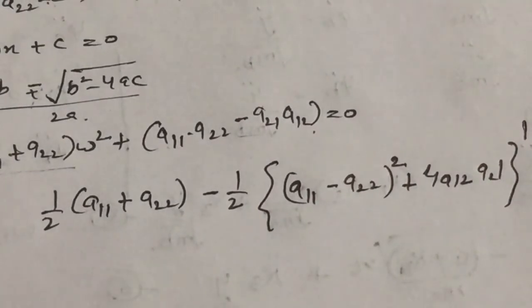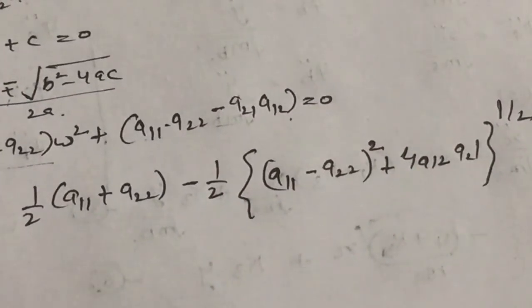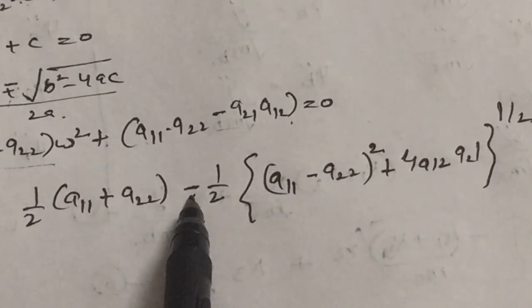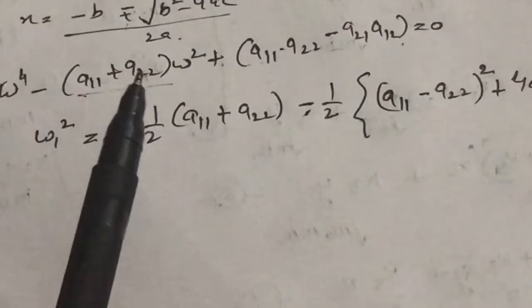Similarly, we will get the second solution. In the second solution, instead of this negative sign, we will get a positive sign. And what will be the solution?